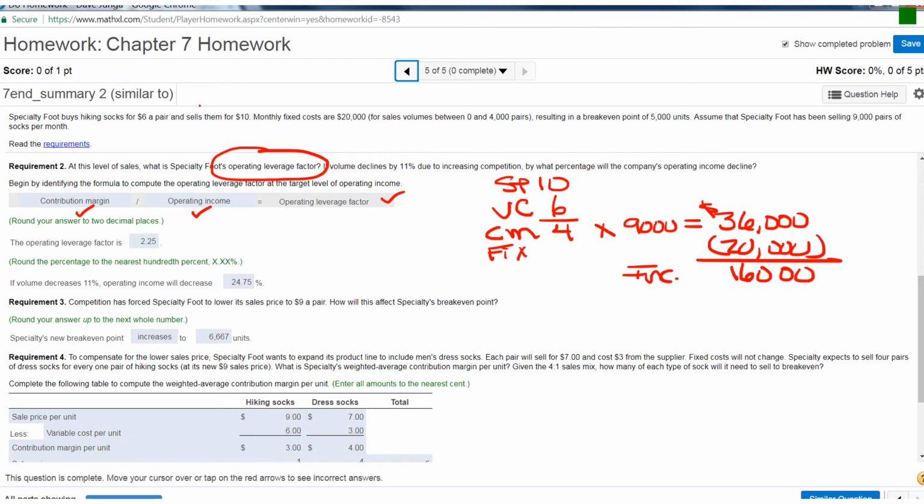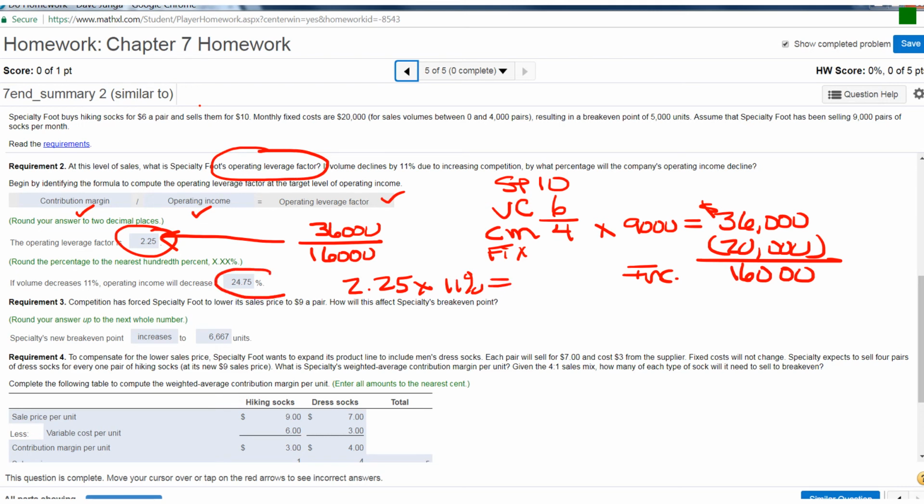So to get your factor, you simply take the 36,000, which is your contribution margin, divide by the operating income of 16, and that's going to give you 2.25. And then if you take this factor and multiply by the change in sales volume, in this case it's 11%, you take the 2.25 and multiply that by your 11%, that's going to give you your decline of 24.75%. That is how that would work.